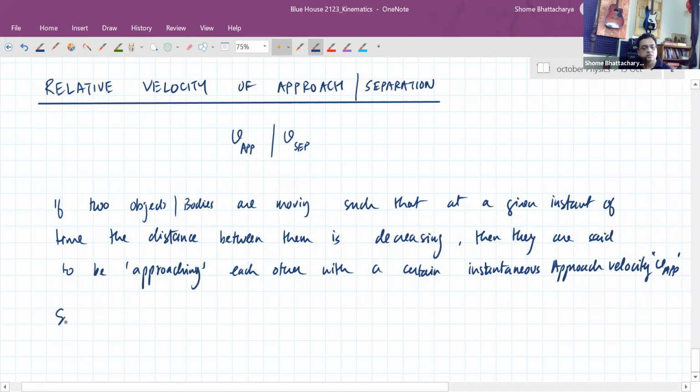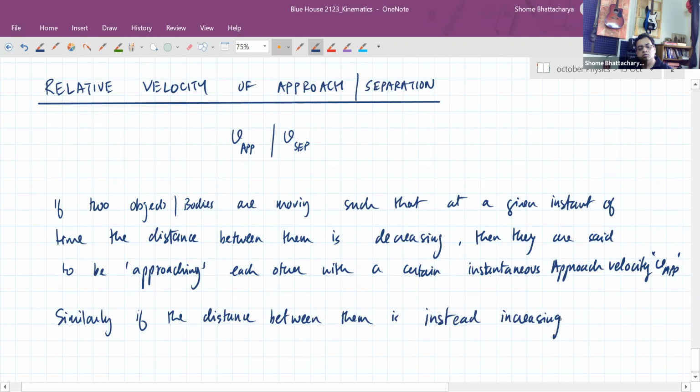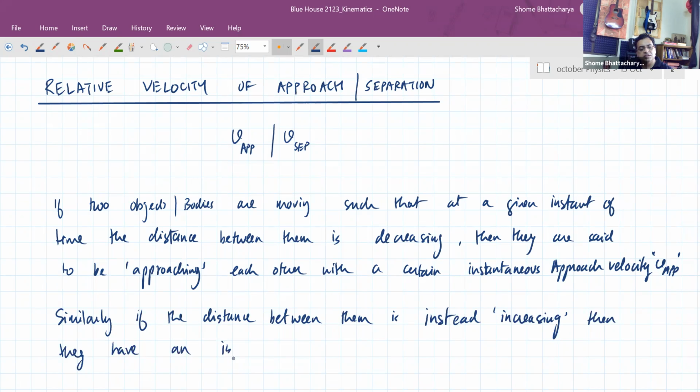And similarly, if the distance between them is increasing, then they have an instantaneous separation velocity.